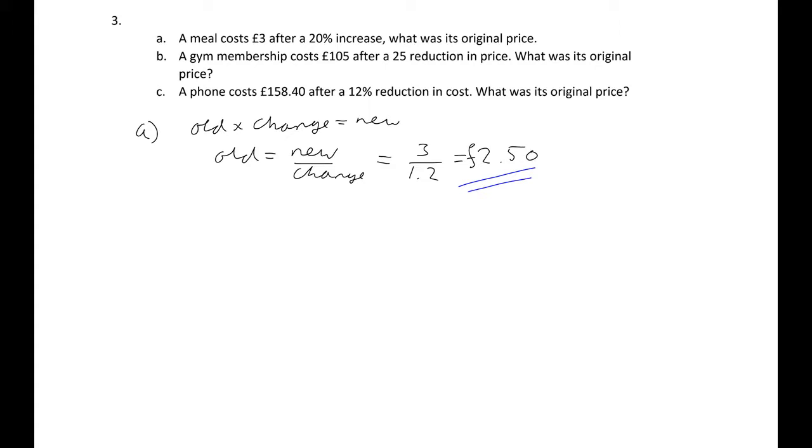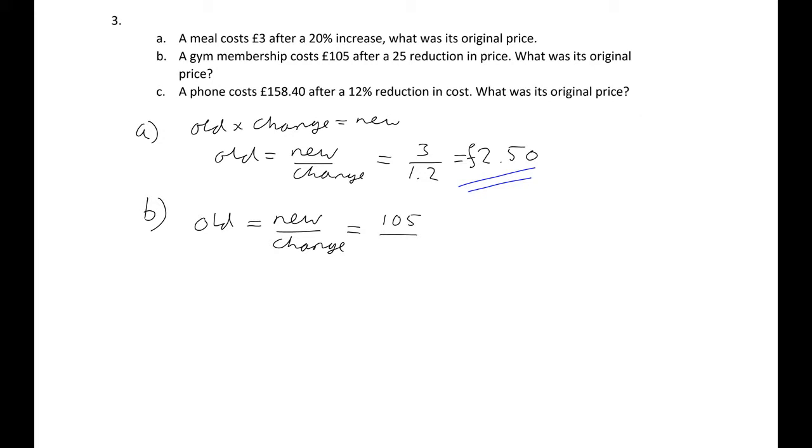Part B. In part B, we are told that a gym costs £105 after a 25% reduction in price. What was the original price? So we have our change, we have our new, and we want old. So again, old equals new over change, and that equals £105.